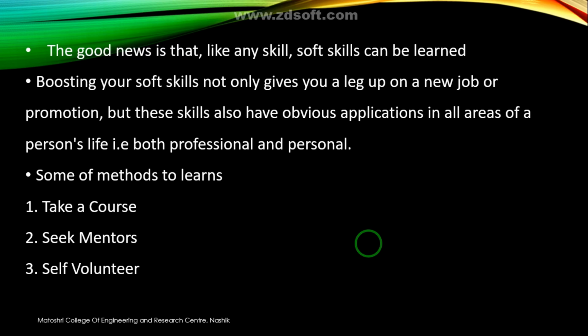You can subscribe to any mentors. And third, it is your self-volunteering, that is your self-realization. So these are the methods by which you can learn these soft skills, and remember, it only comes in yourself by learning and by practicing it.